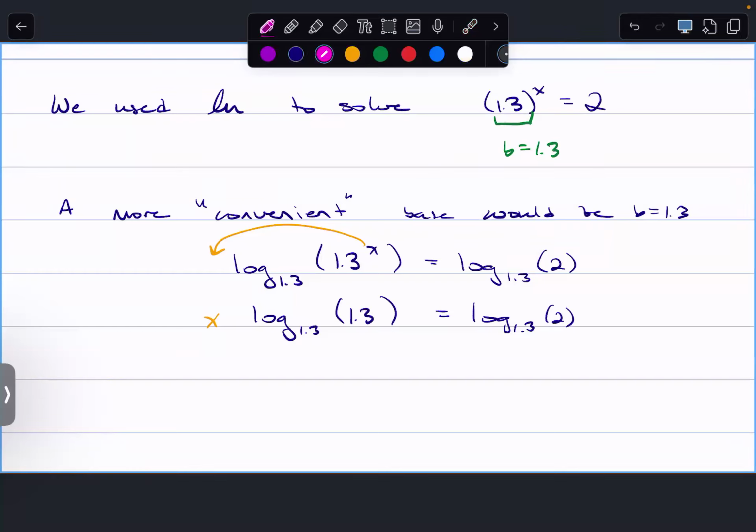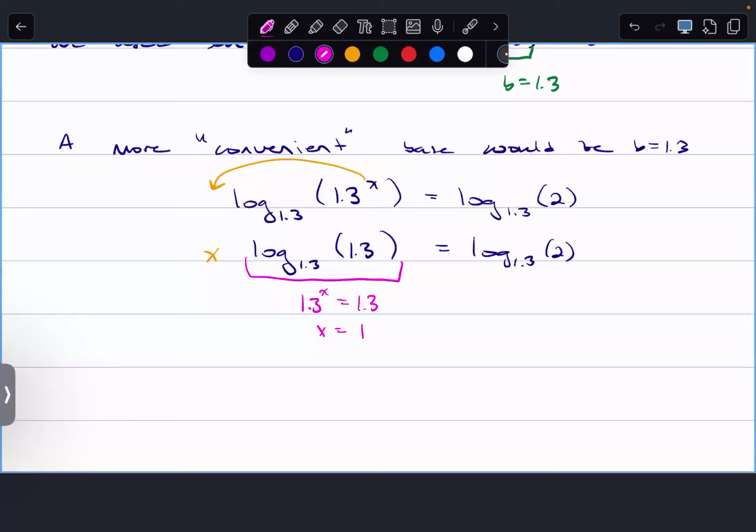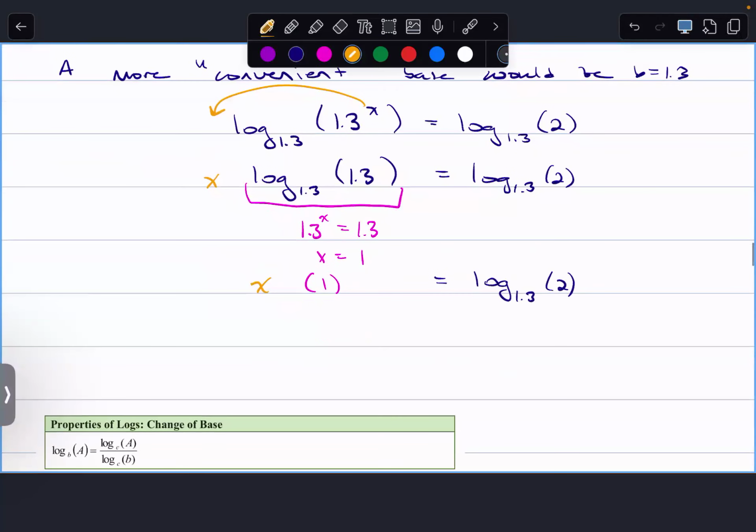And so here, 1.3 to the power of x equals 1.3. So x is equal to 1, which means that whole thing is equal to 1. So I get x times 1 is equal to log base 1.3 of 2. x times 1 makes x, so x is log base 1.3 of 2.